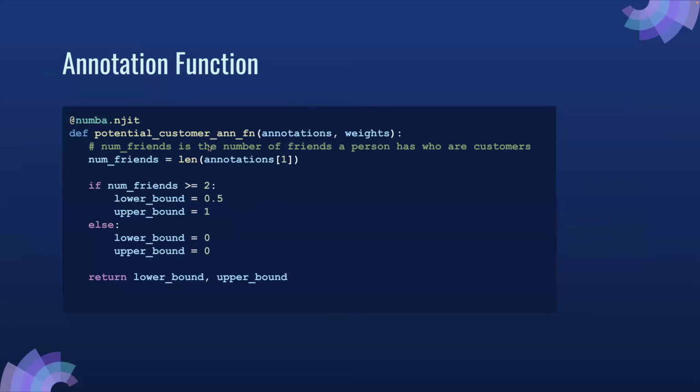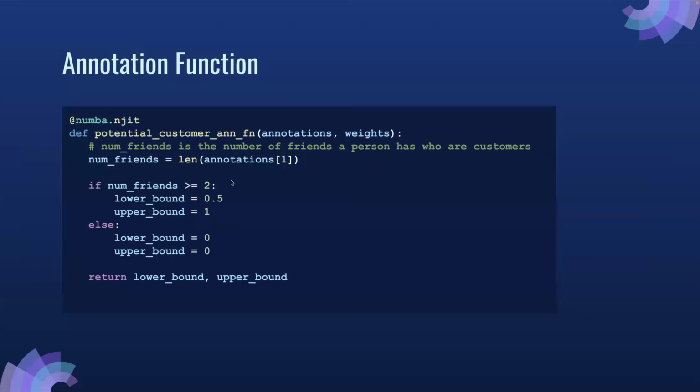For this, we want to see how many friends each customer has who are also customers. We know that in order for a potential customer rule to be satisfied, they need to have at least one friend who's a customer. But for our target customers, we want a little bit more. So now we're going to find the number of friends that are customers by accessing the annotation, which is the list of grounded atoms, and we are going to access them and count them.